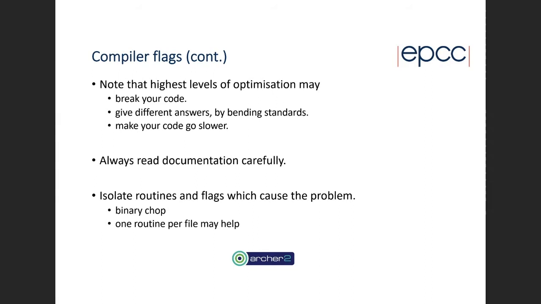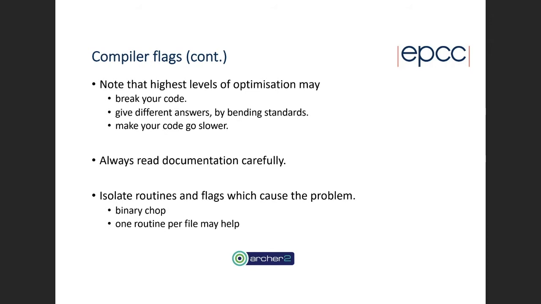They try to generate correct code for a high optimization level, but they might not succeed because of bugs in the compiler. High level optimization may cause your code to give different answers because they bend standards a bit. Particularly with floating point calculations, you might get different rounding behavior from high optimization levels. And there's also absolutely no guarantee that turning up the optimization level actually makes your code go any faster.